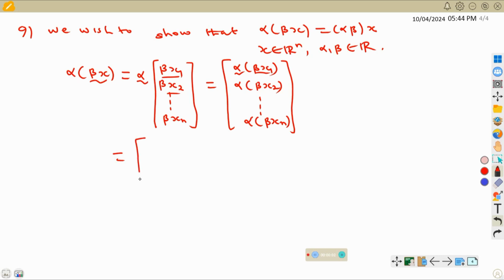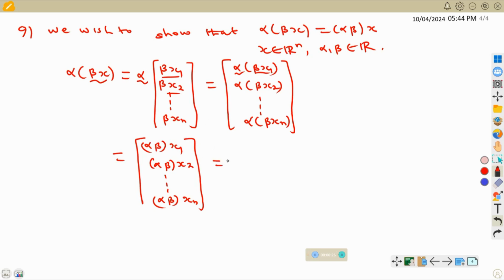We can still write this as alpha beta times x1, alpha beta times x2, up to alpha beta times xn. We can still multiply alpha with beta and it will be the same.